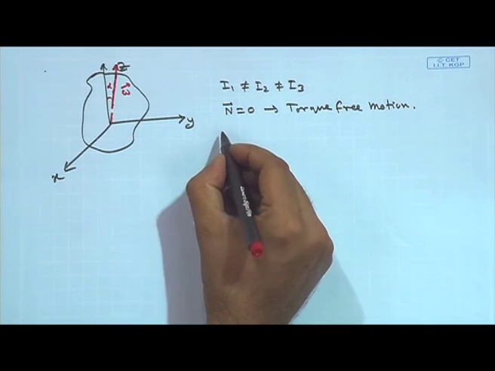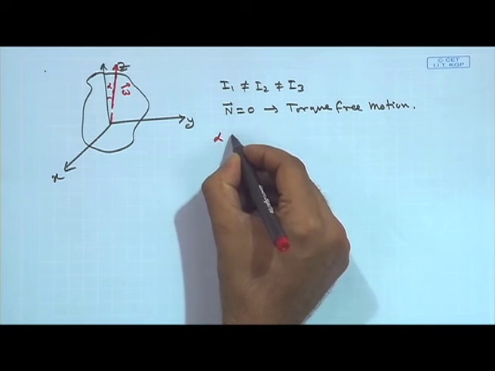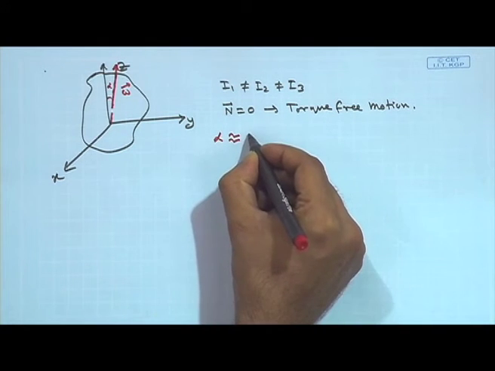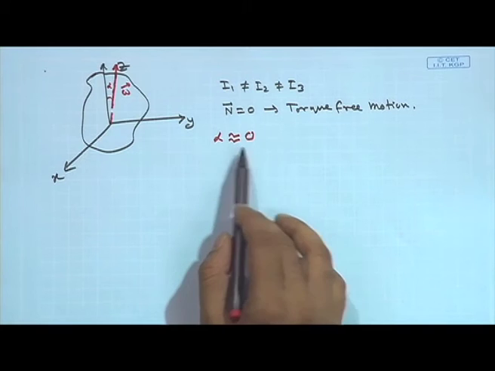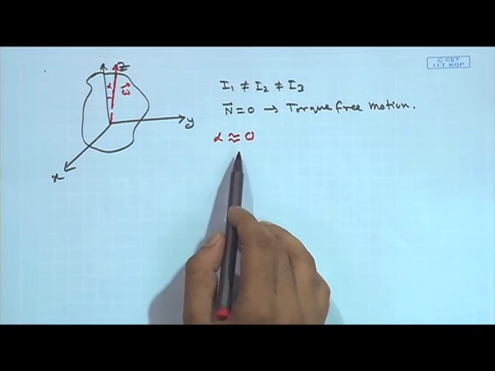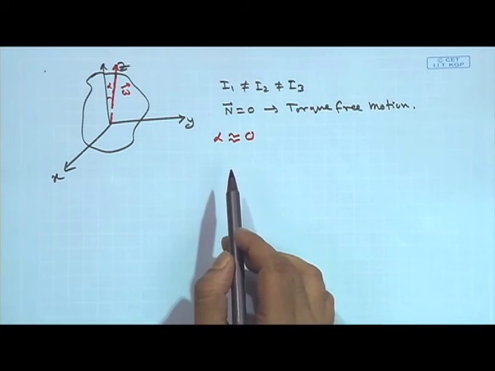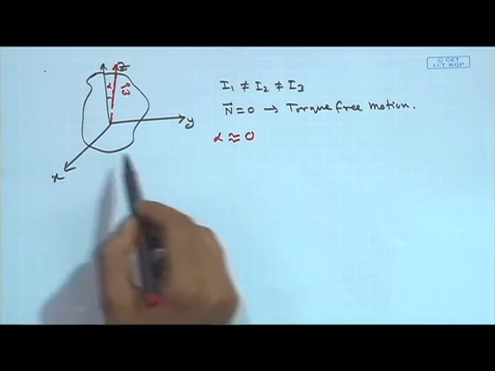Now our assumption is alpha is very, very small, so alpha almost equal to 0. So that means the axis of rotation is pretty much coinciding with the body z axis, and it is rotating.